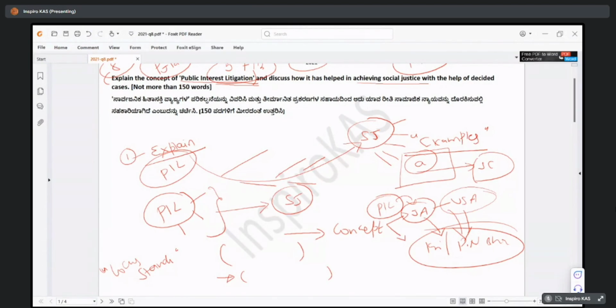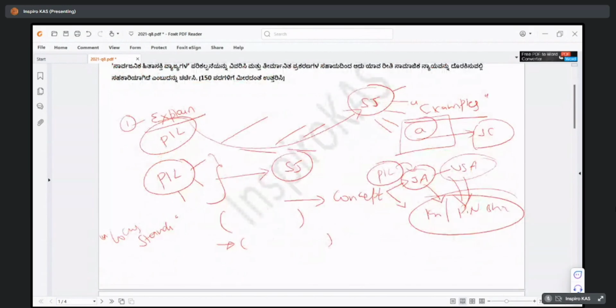That is being relaxed. In the second paragraph I will justify what PIL is and elaborate. My elaboration would say that public interest litigation relaxes the locus standi and allows any public-minded or publicly active citizenry to file a case for the downtrodden or the marginalized sections of people.